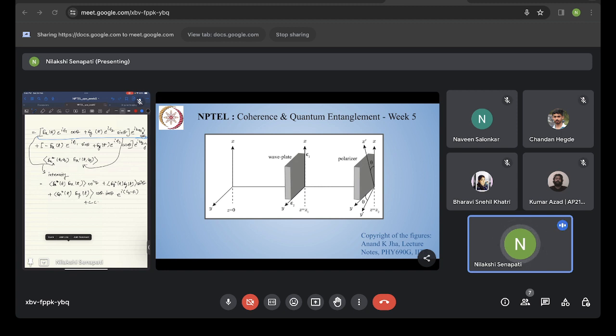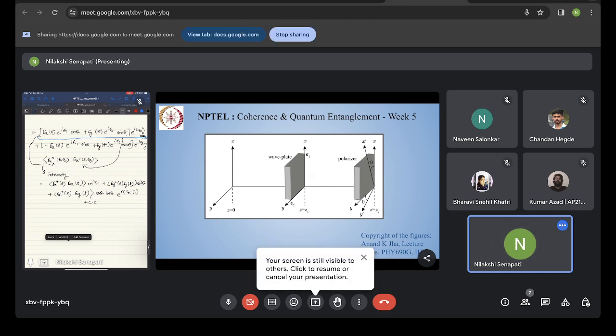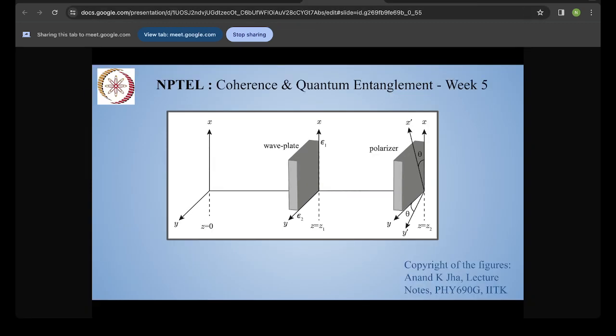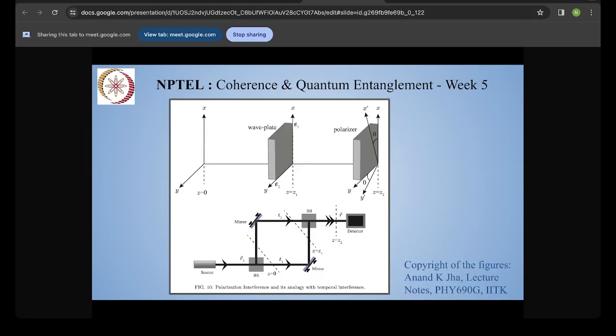This is just to make you remember it again and to help you understand it better, like why we are suddenly talking about polarization, which is not mentioned clearly in the lecture. So that's why I focused on this part, and again I showed you that in a similar manner to temporal, you can calculate it for polarization also.